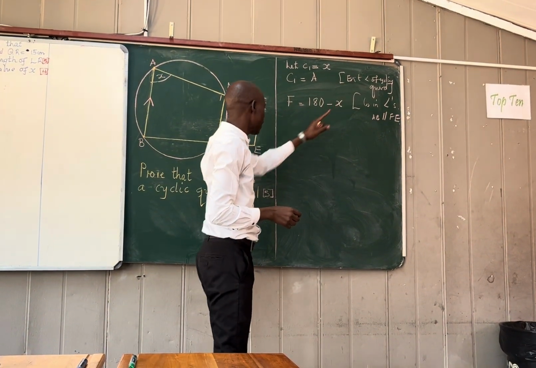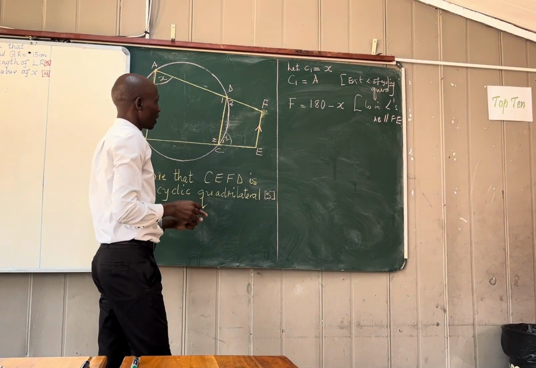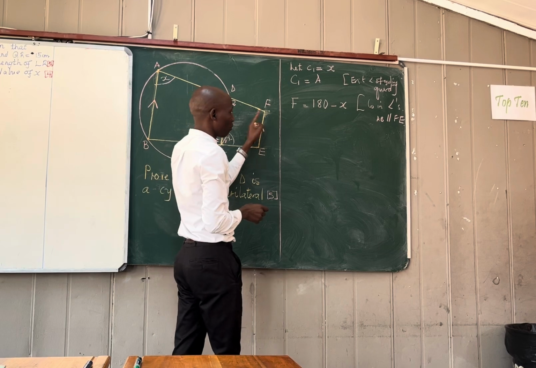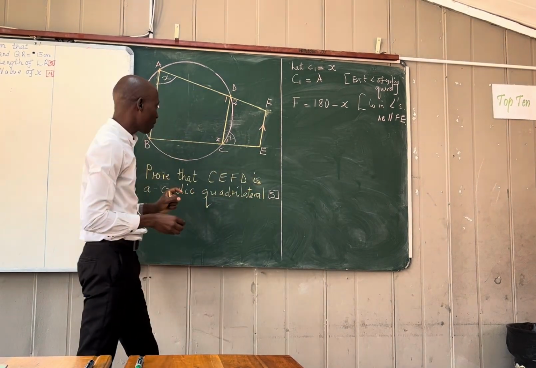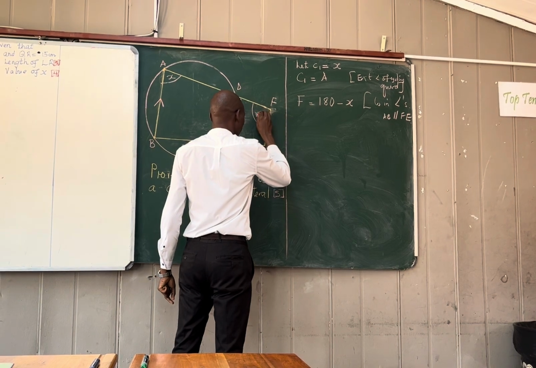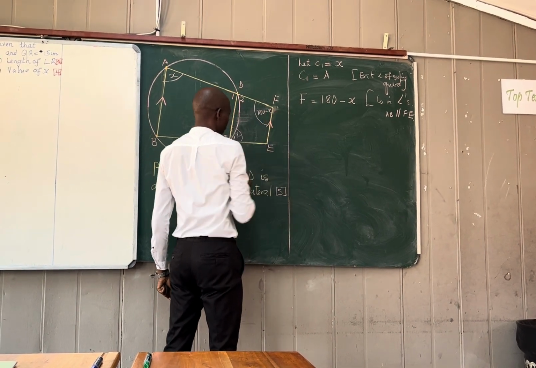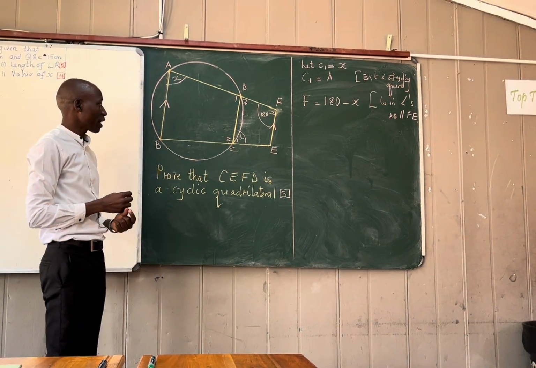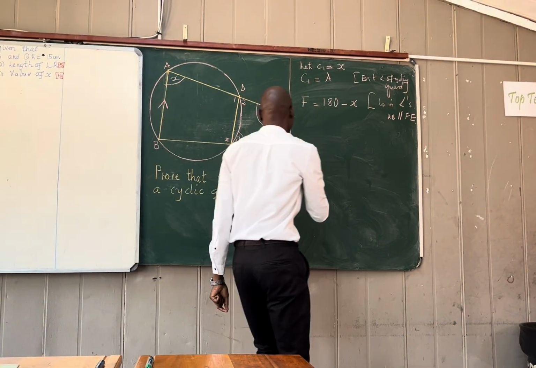Now, we have established that C1 and A are the same, and also F is equal to 180 minus X taken from A. Then the next step, we now have C1 and F, which has been established as 180 minus X. If we are to write it in the diagram there, 180 minus X. Next step, if we add algebraically, let's see what will happen.